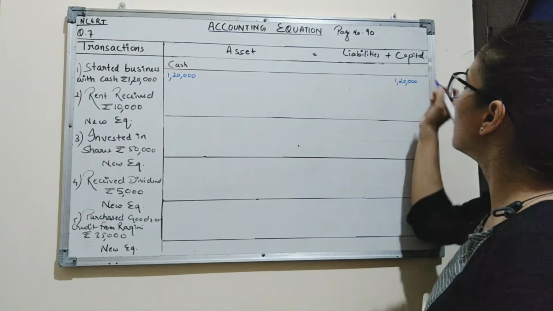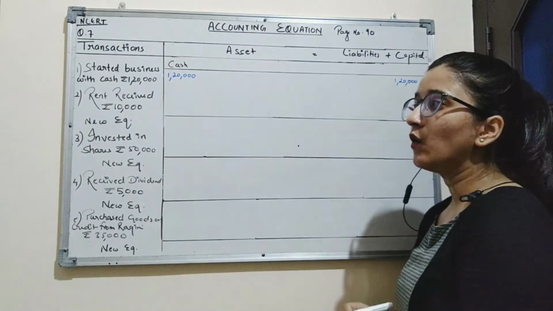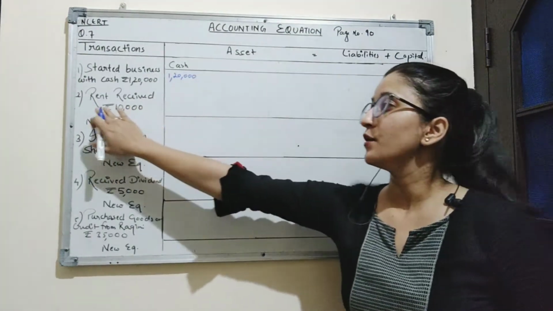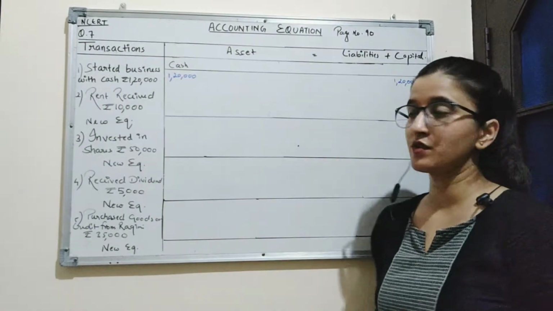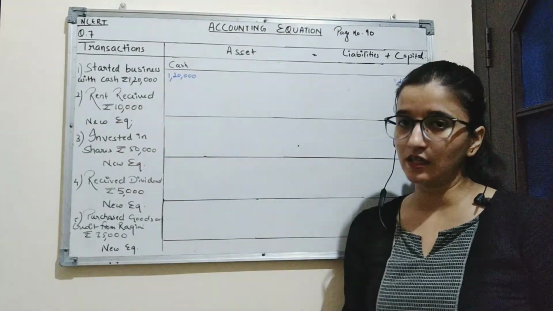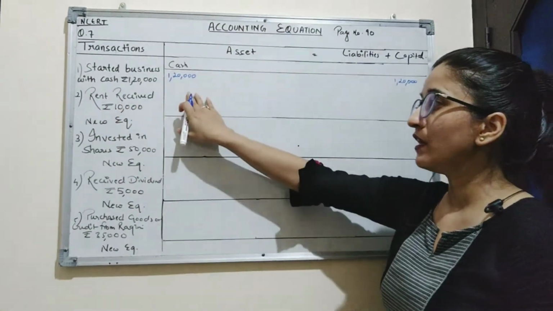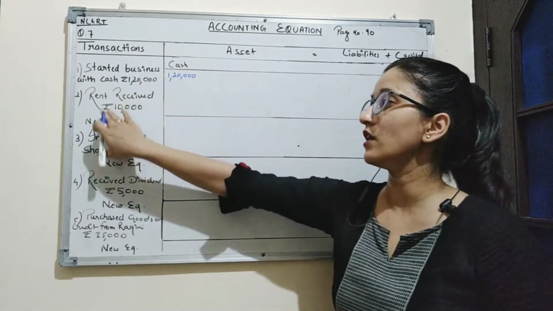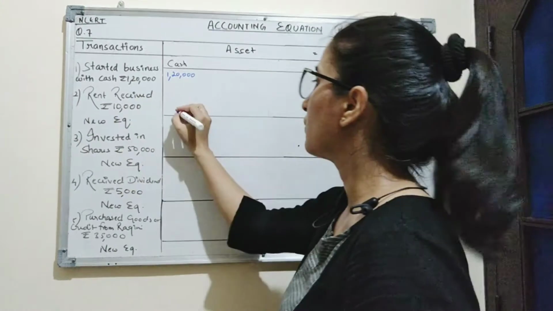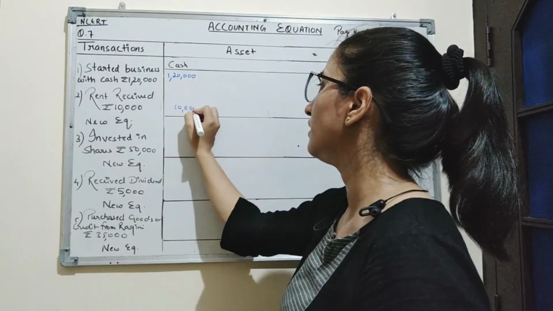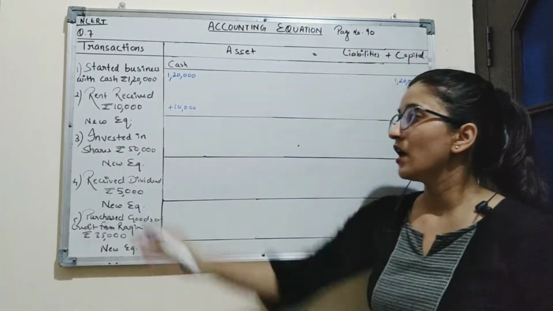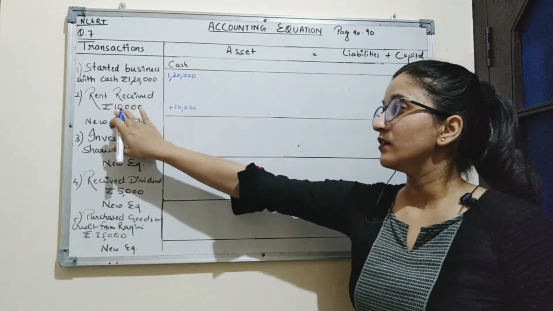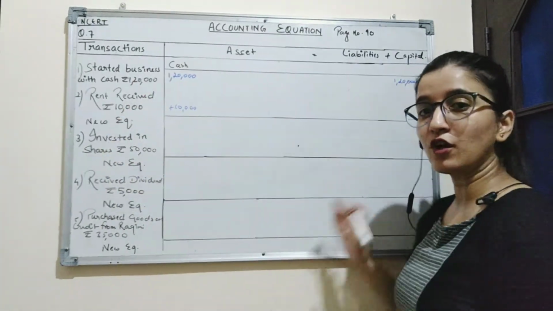Rupees 1,20,000. Now, the next transaction is rent received rupees 10,000. Now, rent received is an income for the company. So we will add rupees 10,000 in the cash column because rent is received in the form of cash. At the same time, this income increases the profit of the business.